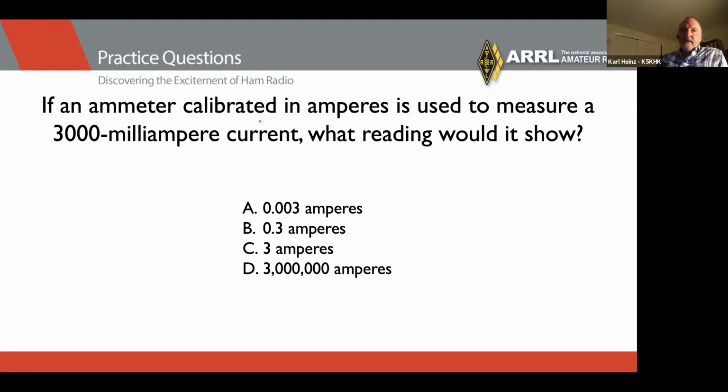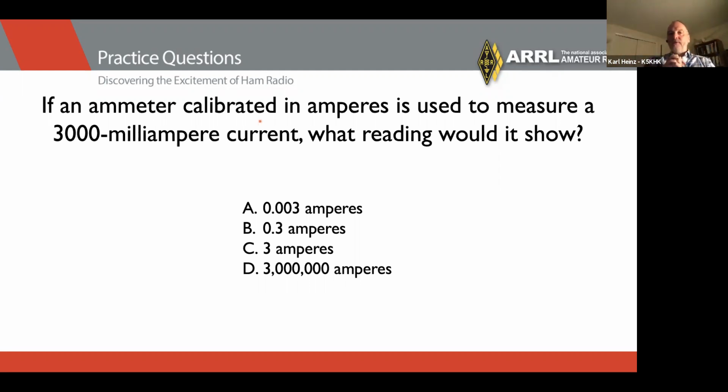And another one: if an ammeter calibrated in amperes is used to measure 3000 milliamp current, what reading would it show? Forget about all the verbiage around how they set up the question. The important thing is 3000 milliamps.